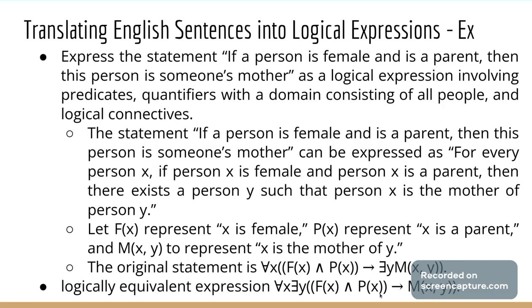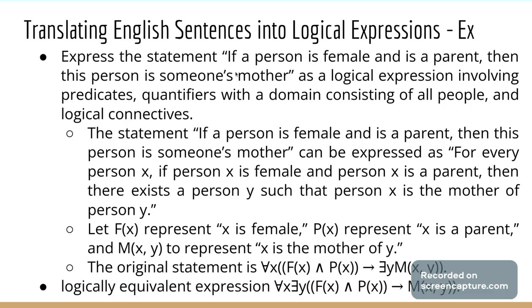Okay, again, another example. Now we are going to convert from sentences to logical expressions. If a person is female and is a parent, then this person is someone's mother. How do we convert this statement into a logical expression that has predicates and quantifiers, where the domain consists of all people?